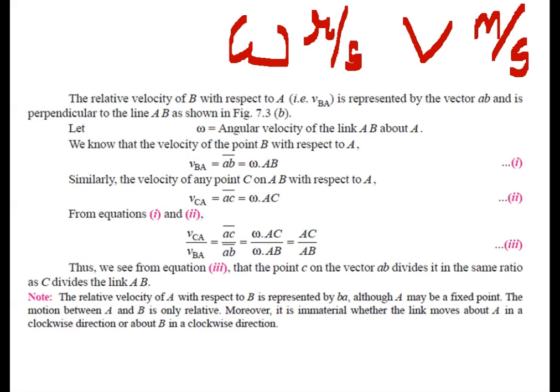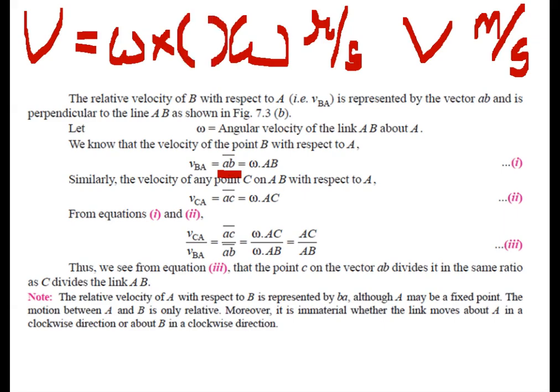Then we know that the velocity of the point B with respect to A, that is VBA, is nothing but the vector AB. So always remember this, the velocity component will be the multiplication of the length of the link multiplied by the angular velocity. Whenever you want to measure any velocity component, you have to multiply omega into that link length.